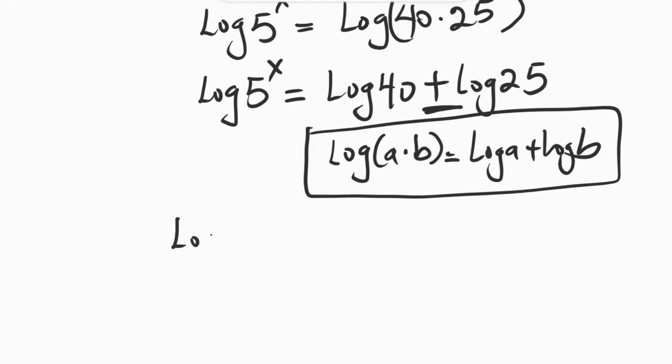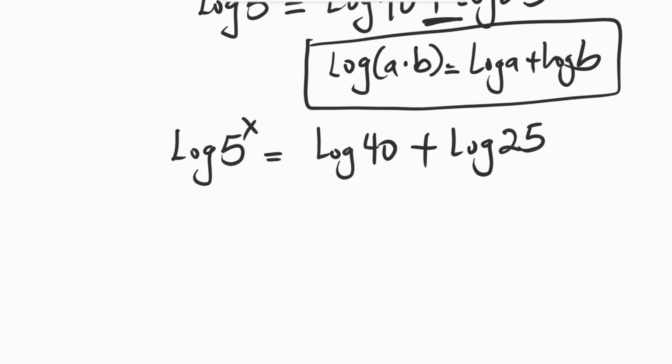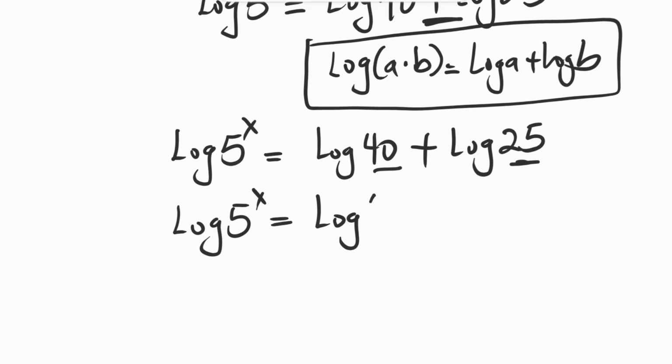So now we have log 5 raised to the power x equals log 40 plus log of 25. Okay, so let us break down 40 and 25 that we have on the right hand side. So we have log of 5 raised to the power x equals, 40 is the same thing as 5 times 8, plus, and 25 is the same thing as 5 squared.